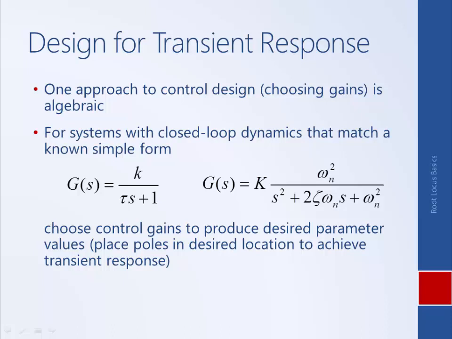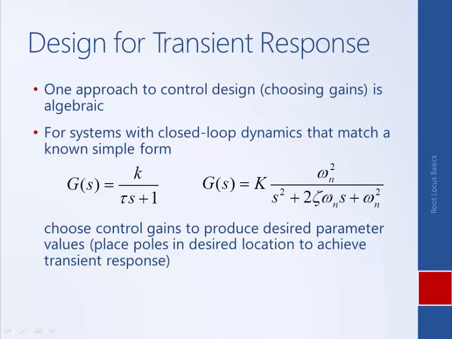For example, for a first-order system, we precisely know what the effect of tau is on a system's response. And so if we can relate tau to a control gain, then we can solve for tau.